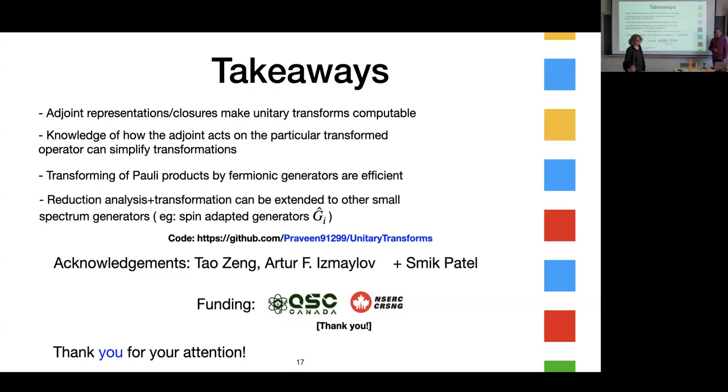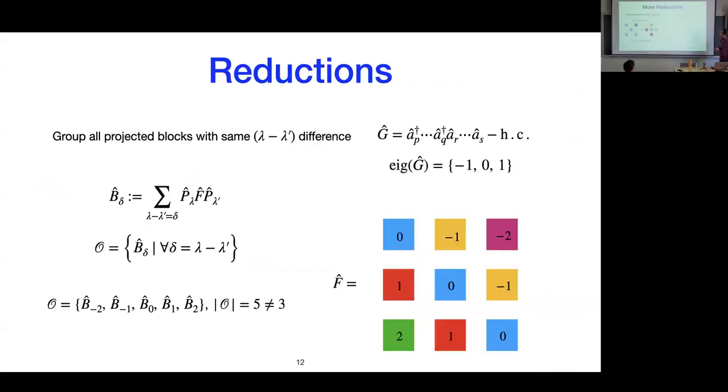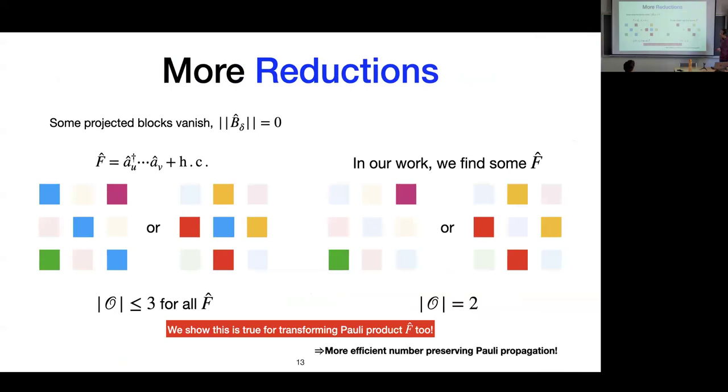So on page 13, I noticed that for the first F, the blue blocks are on the diagonal, but in your work, you said you find some F where the diagonal seems to disappear. Can I understand that it's unrelated?